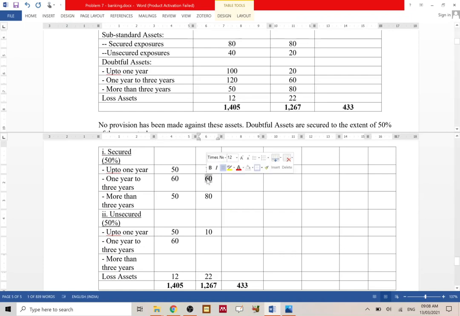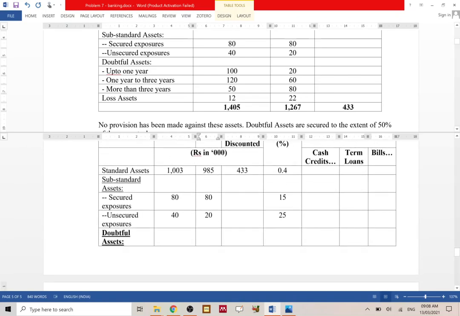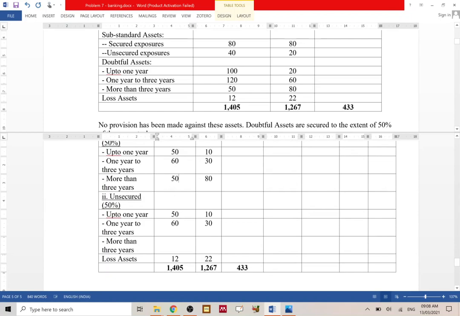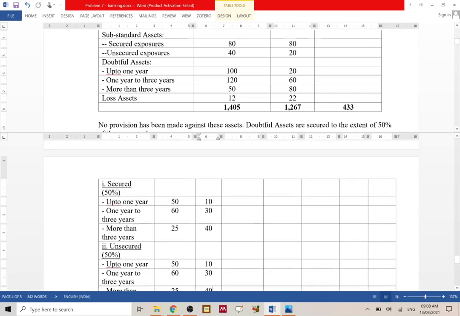If this is 30, divide by 2, 15 and 15. Then this is 50, so again 50%, 25, 25, and if this is 80, this becomes 40 and 40 over here. So it's a simple calculation, simple bifurcation.